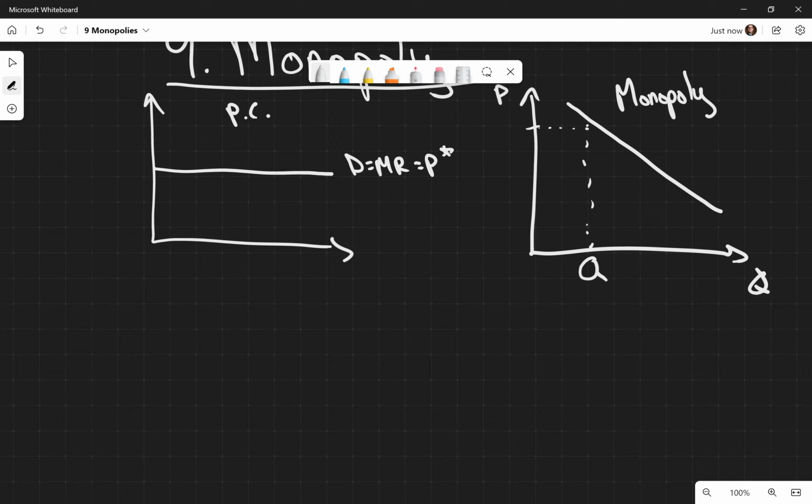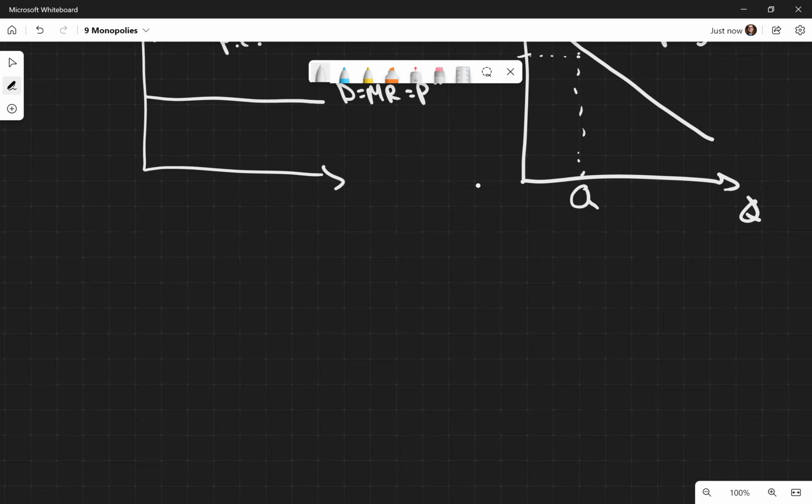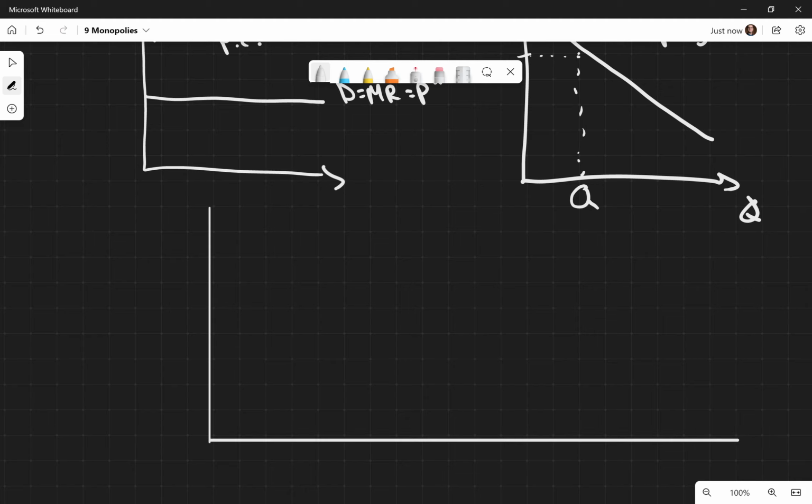So when we're talking about monopolies and their total costs and total revenues, it's helpful to graph them out and talk about what the goal of the monopolist is. We know that our total costs are going to start out low, and they're going to increase, and increase even more. Convexity, right?